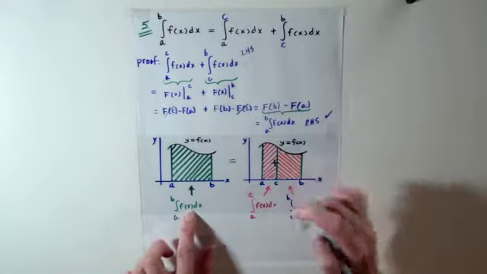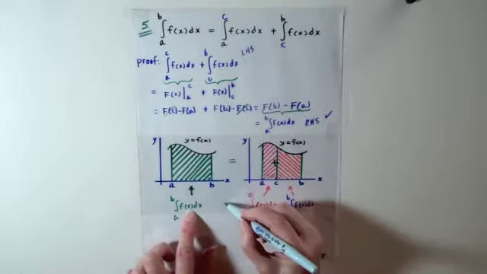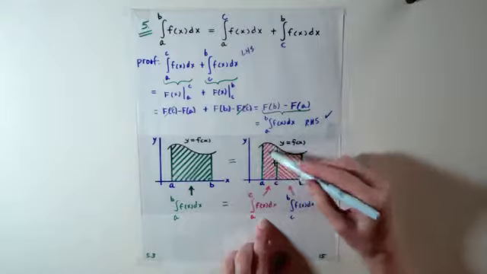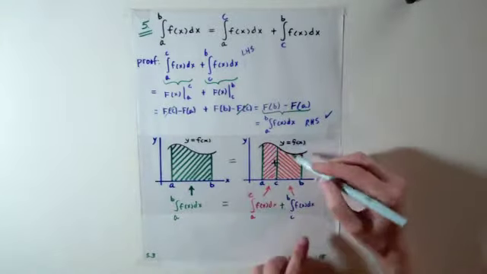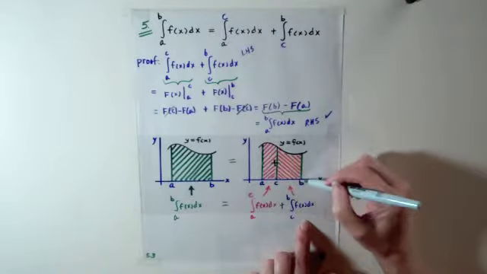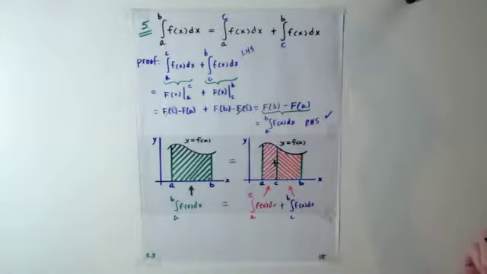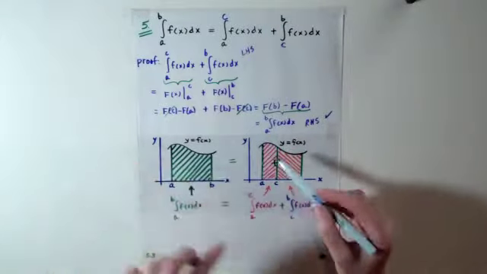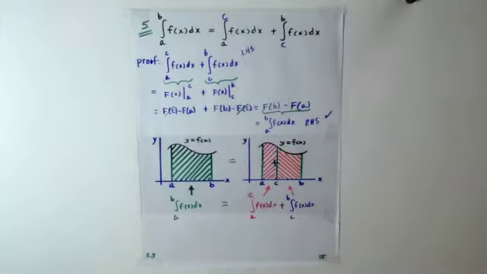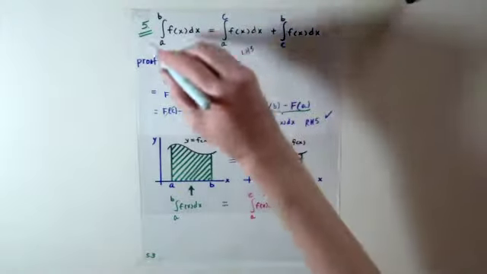In other words, this definite integral, which represents this whole area, should be equal to this definite integral, which is this area, if I add it on to this definite integral, which is this orange shaded area over here. It's really a statement saying that areas add, so the whole area is equal to part of the area plus the other portion of the area. And that's all this property is saying.